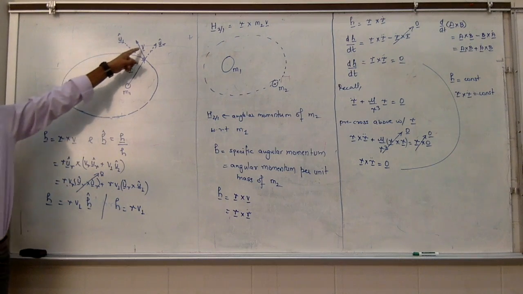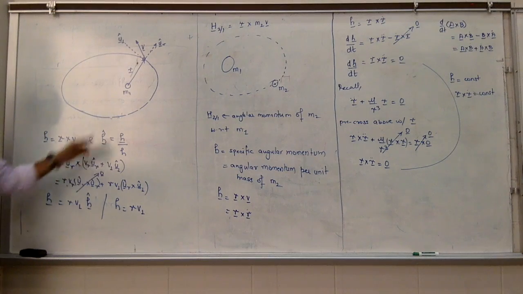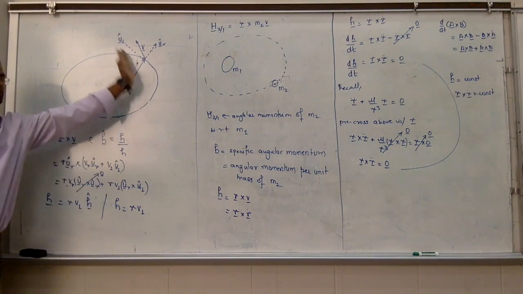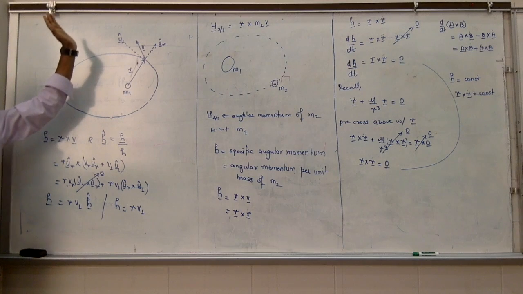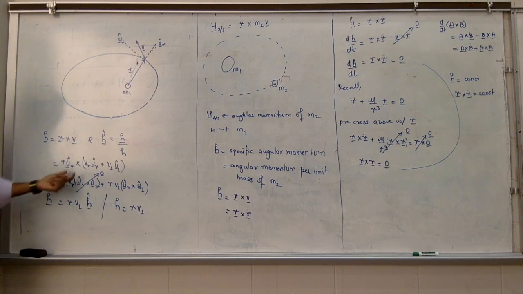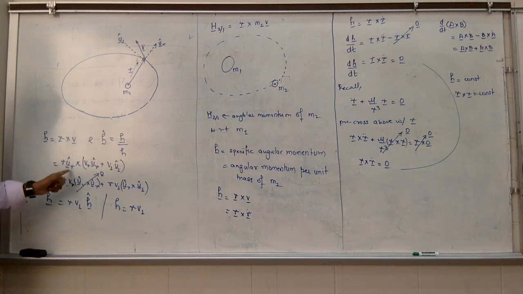Velocity has two components: the component in the radial direction and the component in the tangential direction. You know how to resolve a vector. Now I distribute this. This cross this, and this cross this. This would be 0 because a vector crossed with itself is 0.